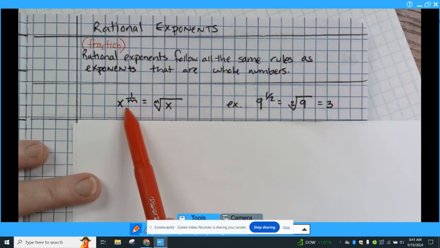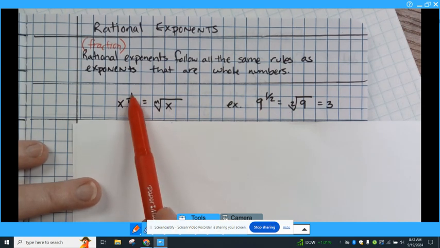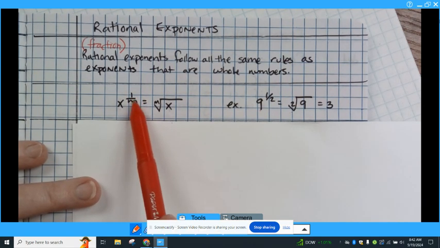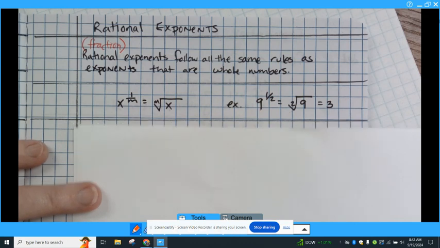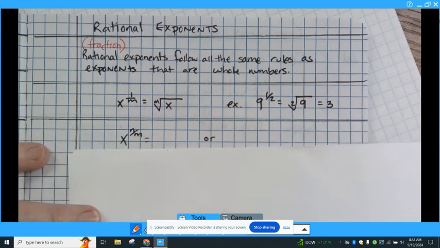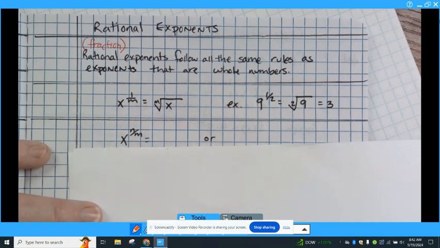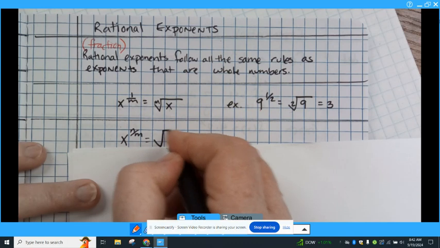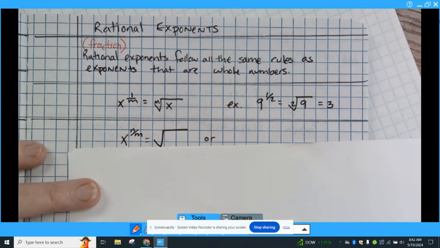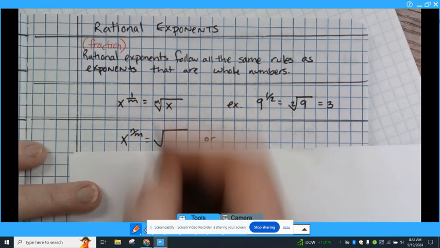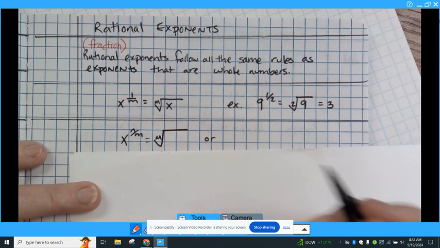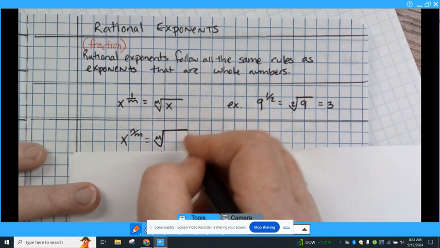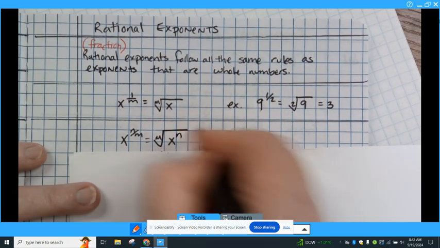What happens, though, when the numerator of your rational exponent is not 1? What if it's some other number? In that case, when you have n over m, your radical is still the m root, and now it's x to the n.